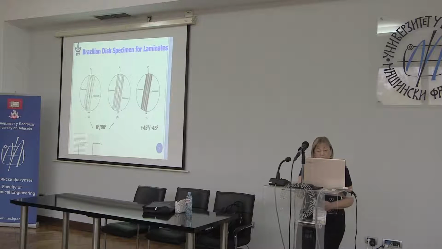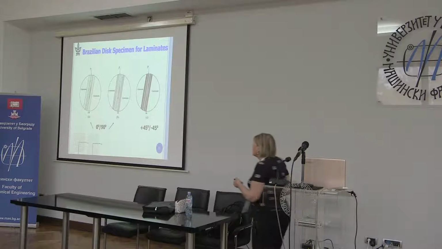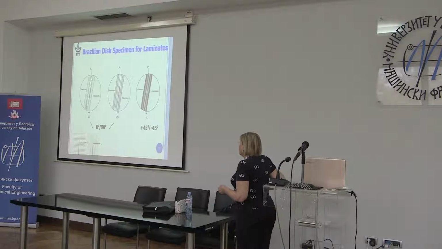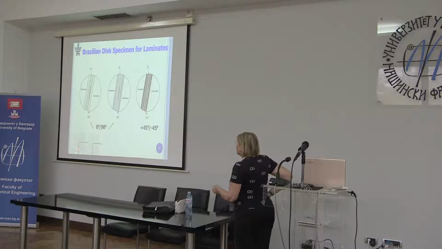And just to make sure the 0-90 is clear, this is the X1 direction, the X1 direction goes along the crack, and so 0 is going in the X1 direction. So these are the 0-degree layers, and 90 is perpendicular, and it's coming out.